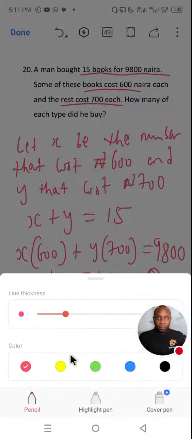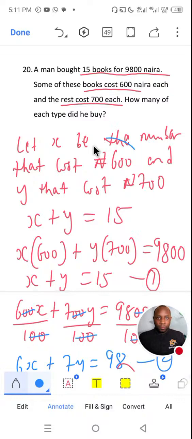And he bought 8 books that cost 700 naira because y is 8. So this is how we're able to get our answer. I hope this is clear to all of you. And we have been able to solve this question.